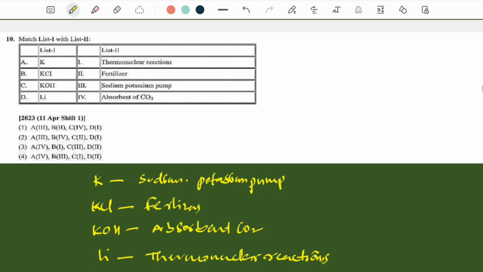So according to our question, the option should be 1. A comes to 3, B comes to 2, C comes to 4, and D comes to thermonuclear reaction. This is our option 1.